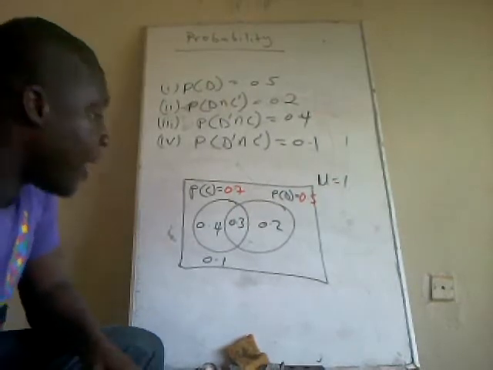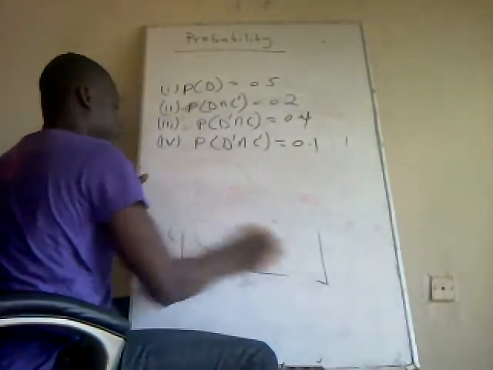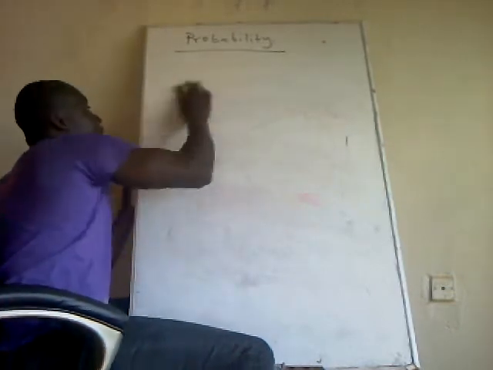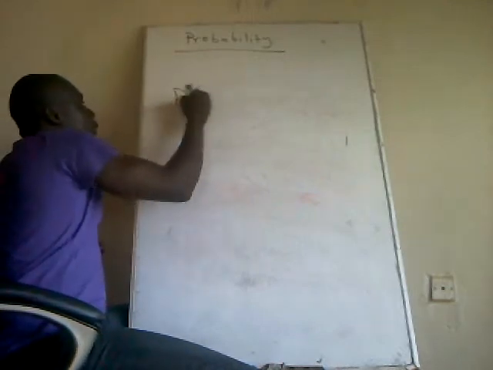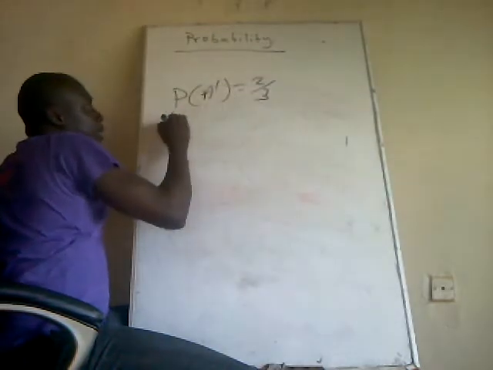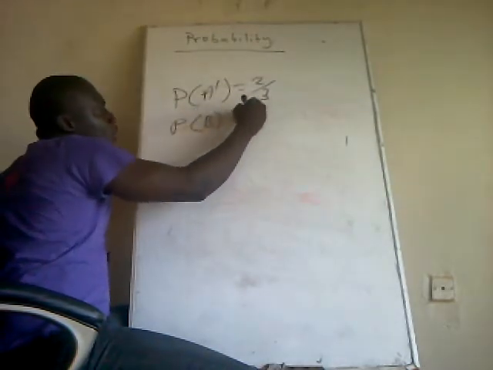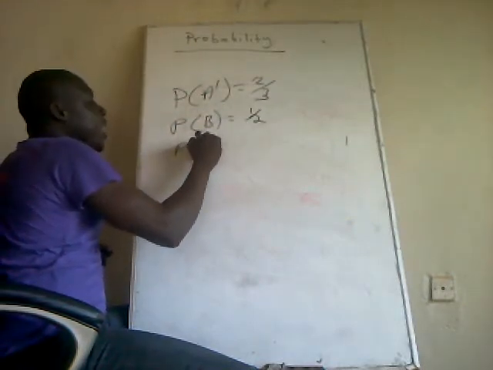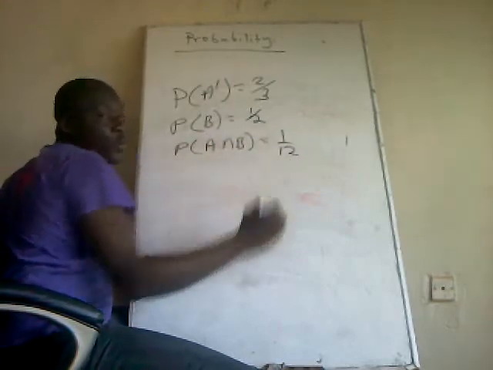We'll go to another example. Here, he says that given that P of A prime is equal to 2 over 3, and probability of B is equal to 1 over 2, and probability of A intersection B is equal to 1 over 12.